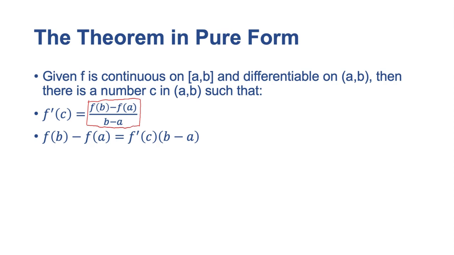So let's say I have a coordinate system here, normal xy coordinate system, and I have a function here, and I'm going to define it on an interval from a to b. So there's a and there's b.